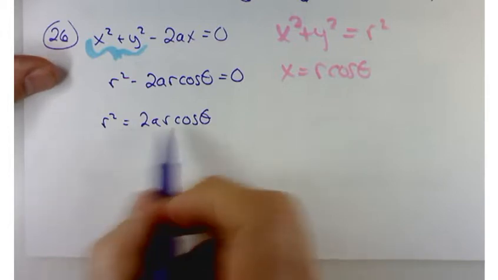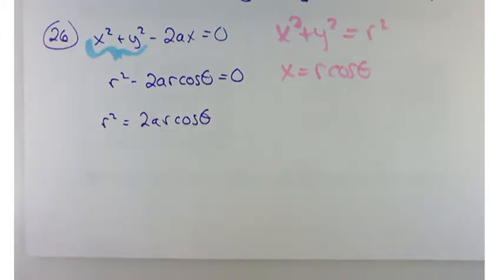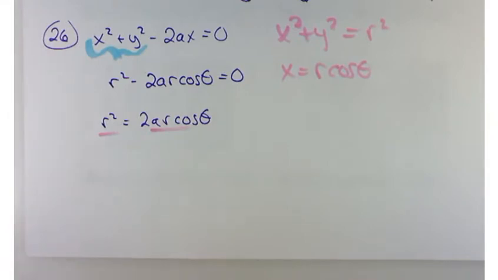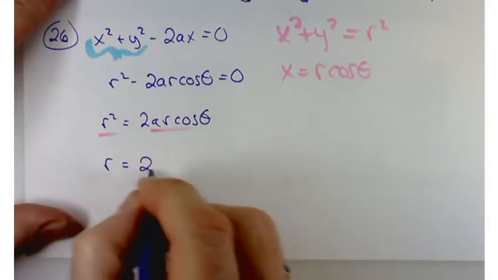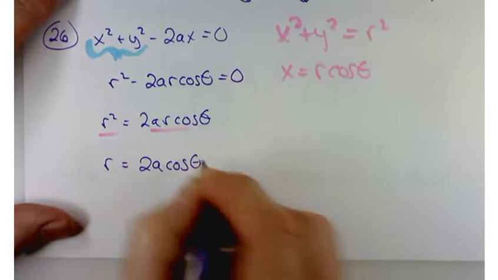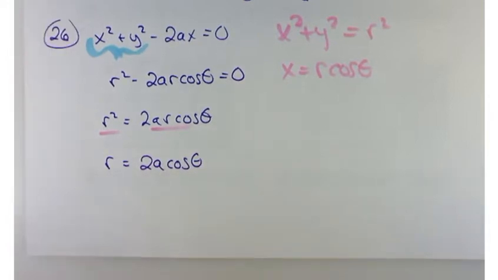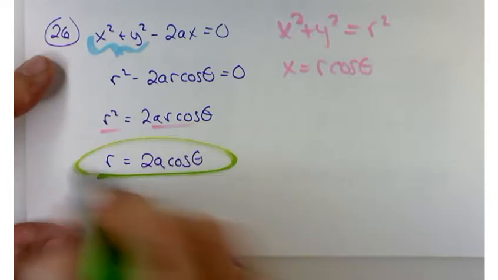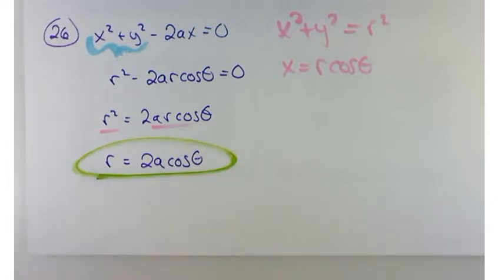I still don't have r by itself, but my last step here is I can divide both sides by r and get r equals 2a cosine theta. That's it. We wanted an equation that had r by itself. So r depends on theta. And that's how you can graph this thing.